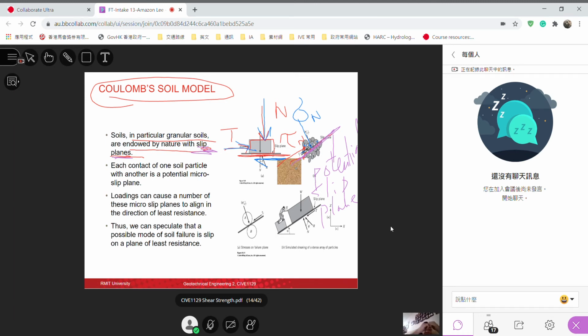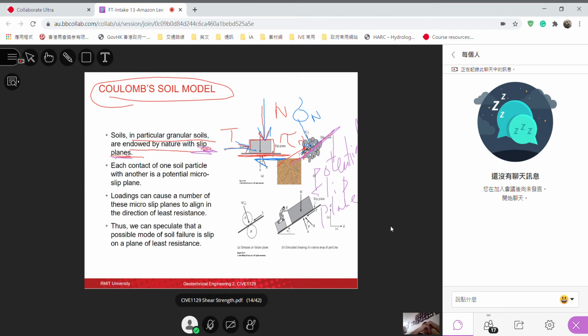So the contact of one soil particle with another soil particle is through this very tiny micro slip plane. If we look at one soil particle, it's just this tiny slip plane. But of course, in a soil mass, there are thousands and thousands of soil particles.